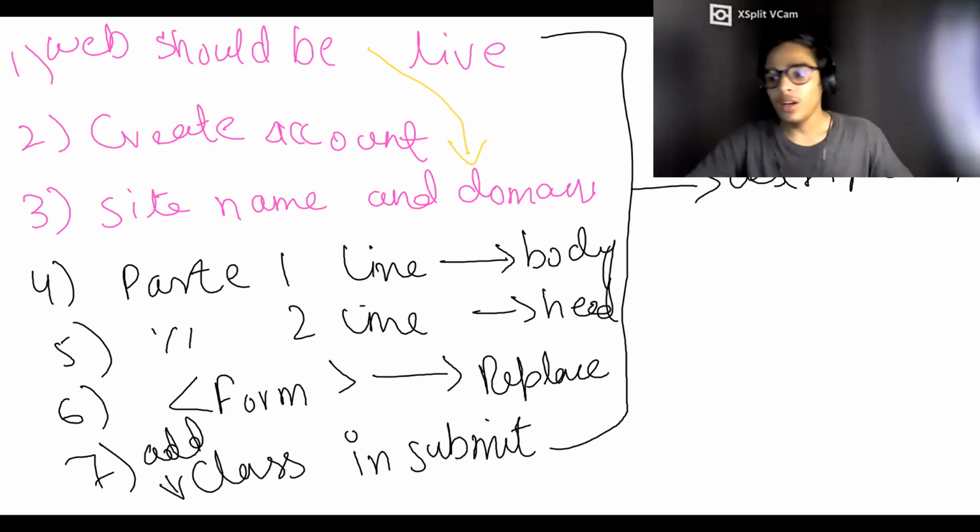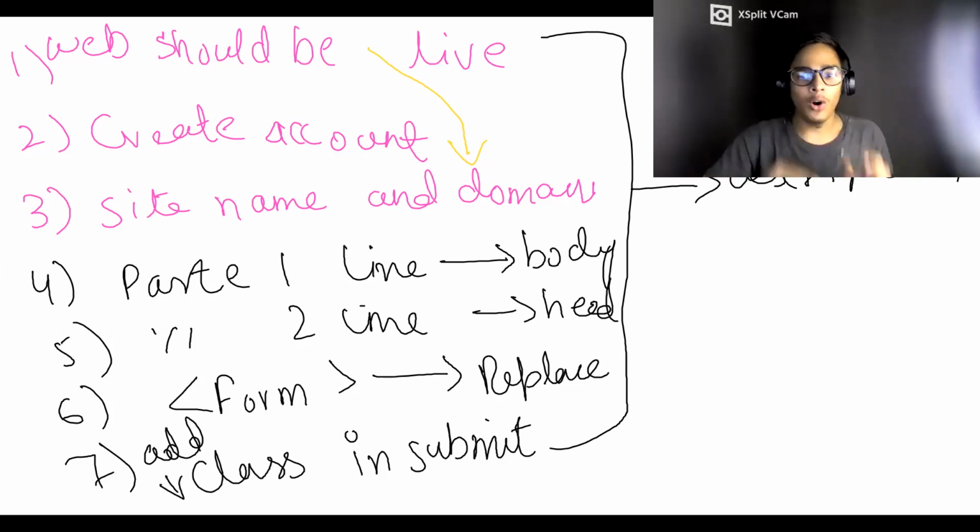So I will give you all these steps in the link description so you can make any contact form related to any website, and you can also add multiple features like country name, how much you pay, and which field you select. You can add any kind of input, checkbox, etc. It is up to you. Just don't forget to add the Pageclip class in the submit button.